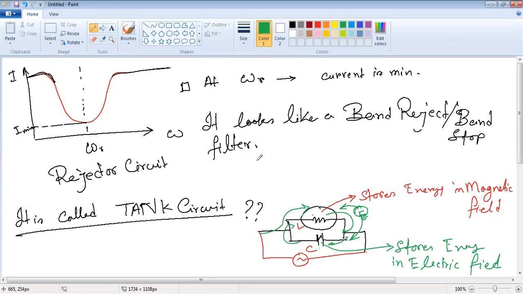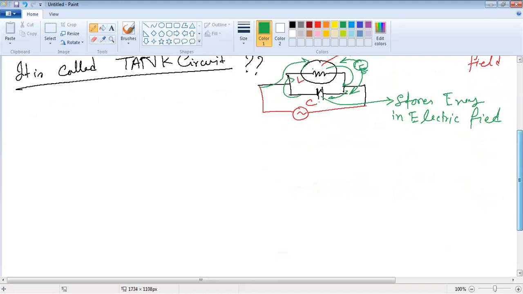So you can just write down these things.